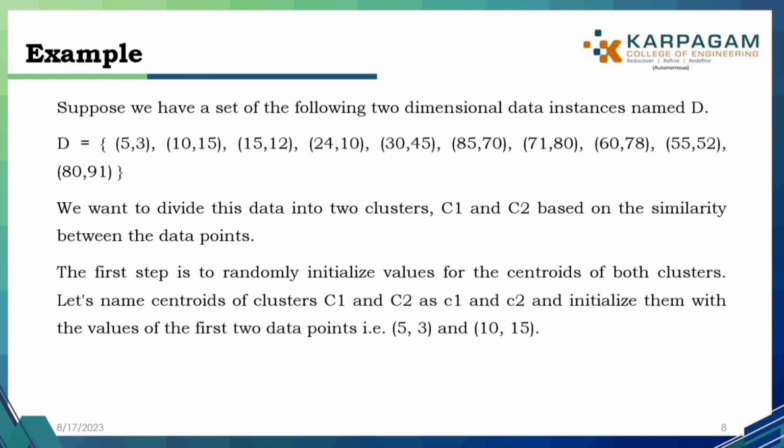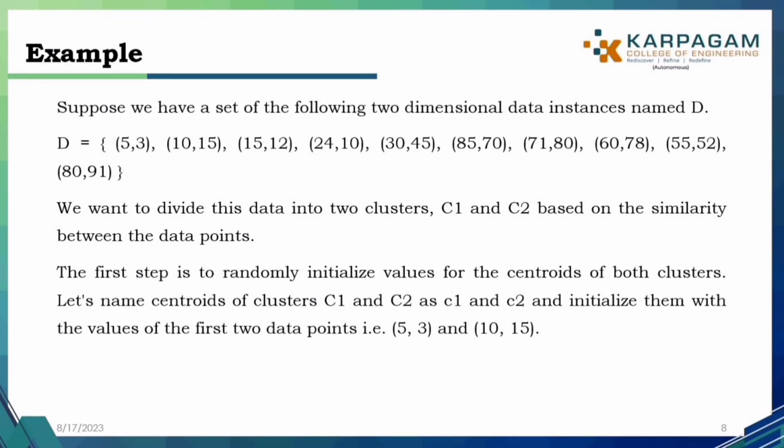For example, here I have taken 10 data points, which is denoted by D. The data points are (5, 3), (10, 15), (15, 12), (24, 10), (30, 45), (85, 70), (71, 80), (60, 78), (55, 52), and (80, 91).